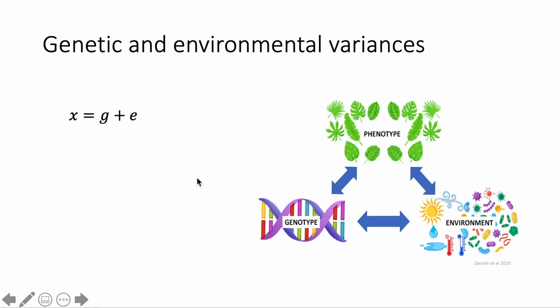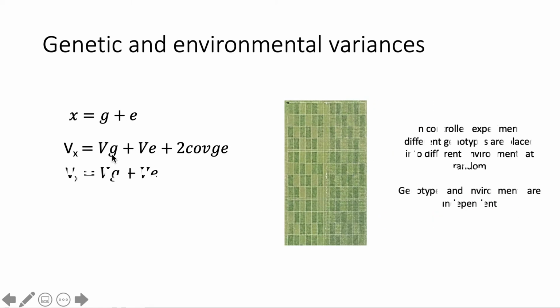As we're interested in the genotype and environment factors to understand the phenotype, we have to understand the variance of these factors. So the phenotypic variance is equal to the genetic variance plus the environment variance plus the covariance between the environment and the genotype. But in plant breeding, we control the experiments in the field. We can plant different genotypes, or the genotypes are placed into different environments at random.